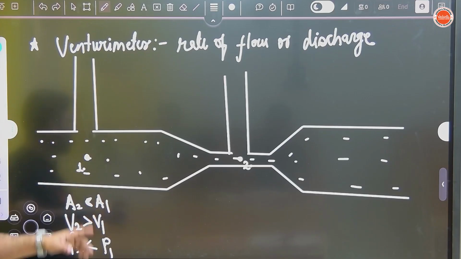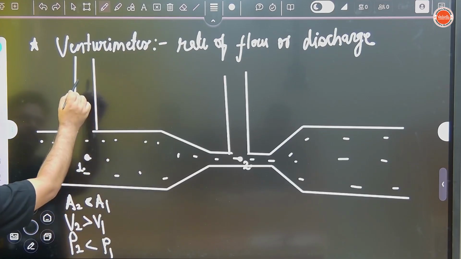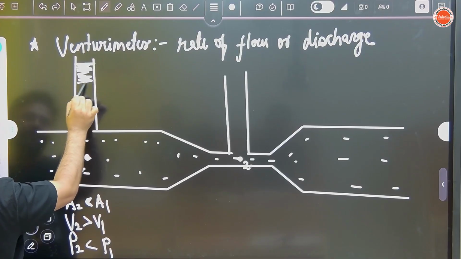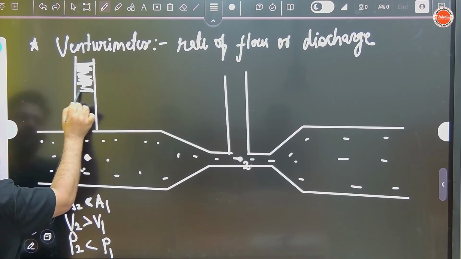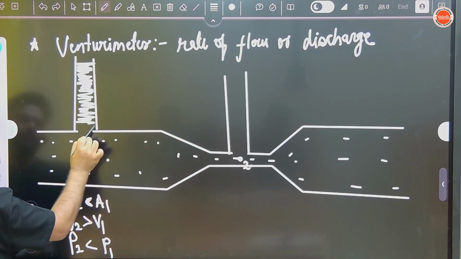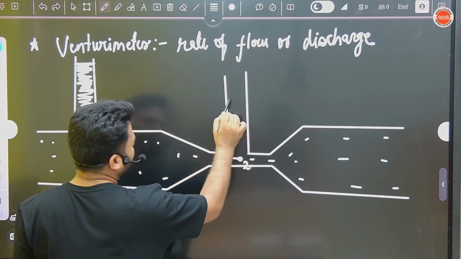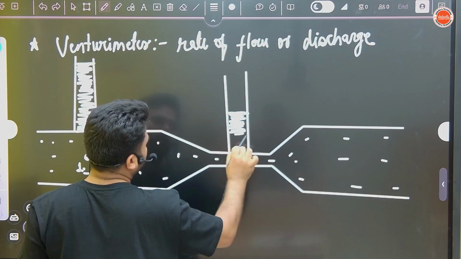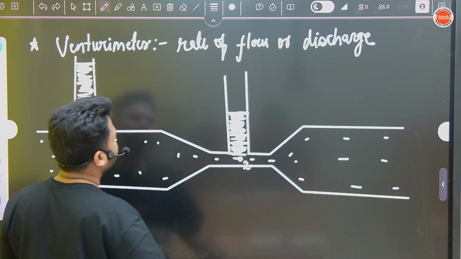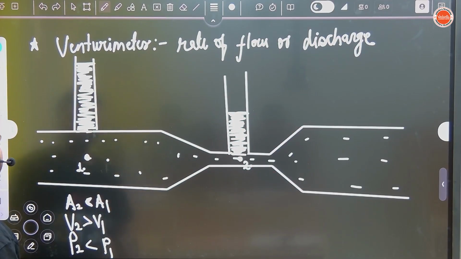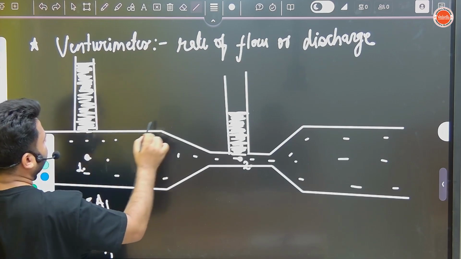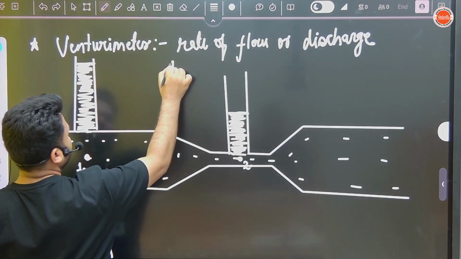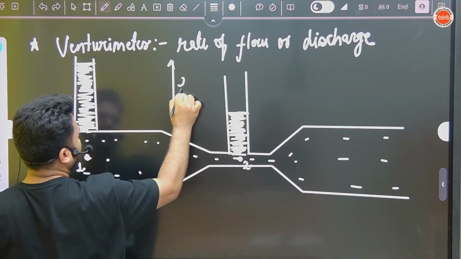Point 1 has high pressure, so the liquid will rise to this height. With high pressure, the liquid will fill up to this height. This point has low pressure, so the liquid will rise only to a lower height, because the pressure here is less. This distance is called the height difference, H.